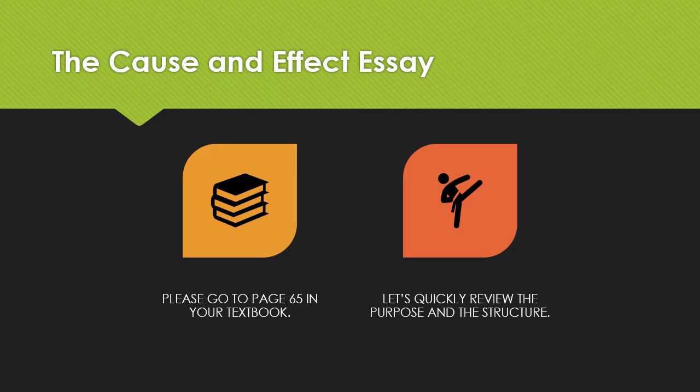We want to highlight the reasons and or the outcomes of an action, a situation, a behavior, or an event. Okay? Now, the structure of a cause and effect essay has to present both cause and effect.